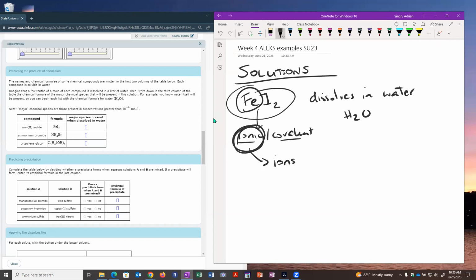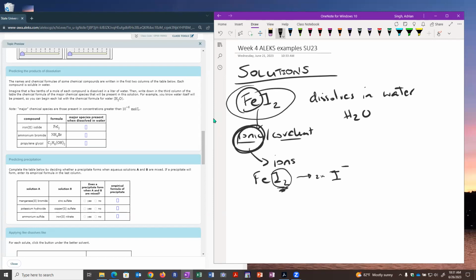So we need to figure out what are the ions that are present in FeI2, iron 2 iodide. Well, we know that we have the iodide ion, which is the I minus. Remember, iodine is in group 7, will form a 1 minus charge. And then we have 2 of these, right? When this itself breaks apart, we have 2 of those.